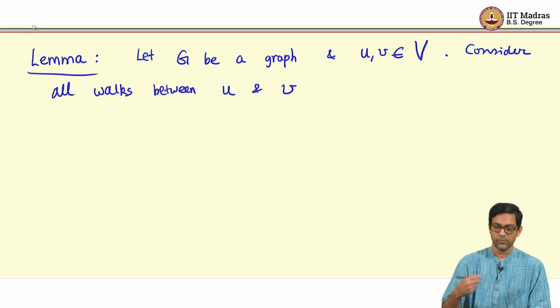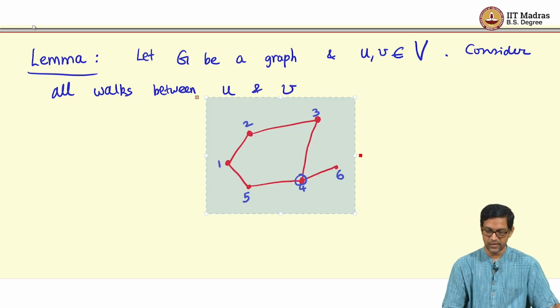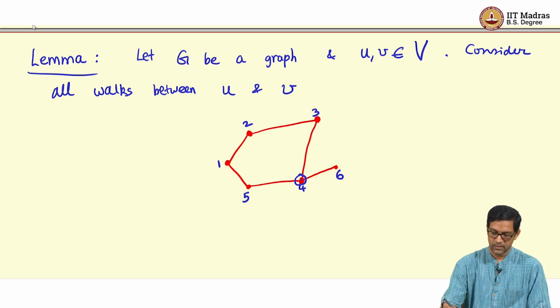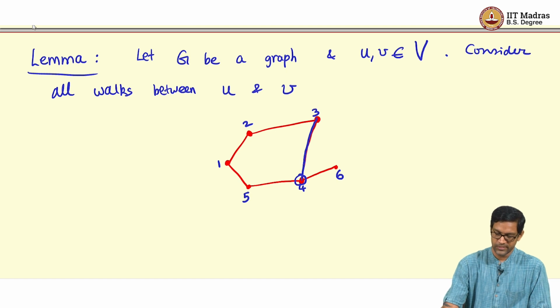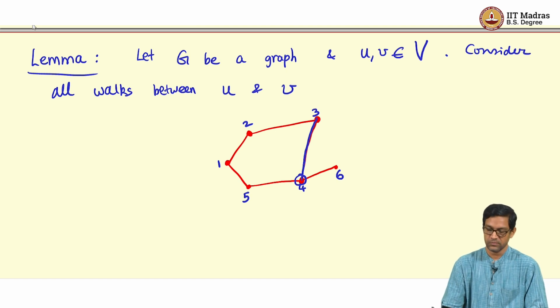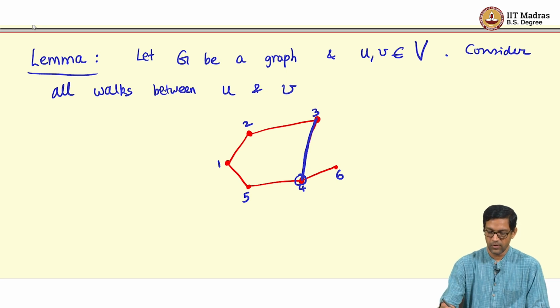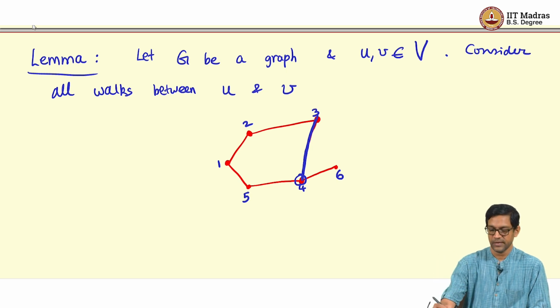So, the set of all possible walks is usually an infinite set. Why? Because imagine again, if in that earlier example you had to go from 4 to 3, it seems like there is only one obvious quick way of getting there, just take this one edge and go from 4 to 3, but there are actually infinitely many walks which will go from 4 to 3. For example, you could go from 4 to 3, then go back to 4 and then back to 3. Now, you could keep doing this oscillation many times.